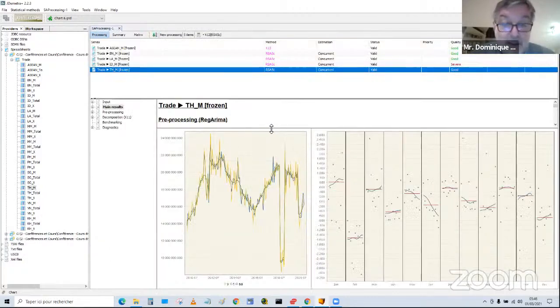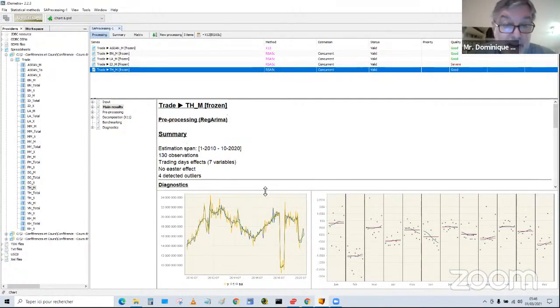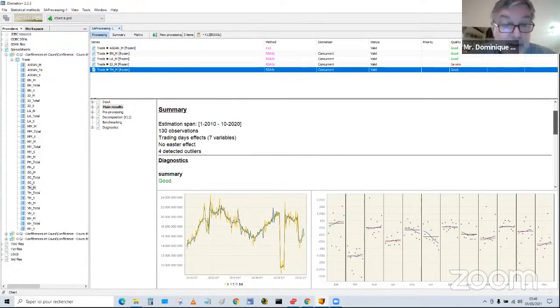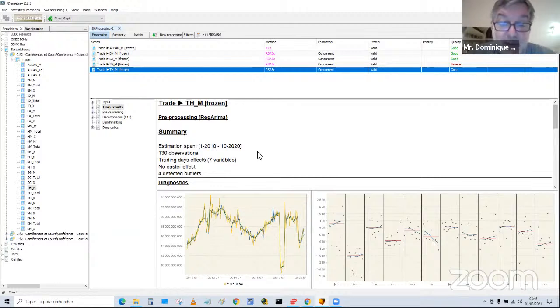Let me check very quickly. You see, it's not multiplicative, it's an additive model. Because it's an additive model, all the components like the irregular, the calendar effect, the outliers will not be expressed in percentage, but will be expressed in levels directly.